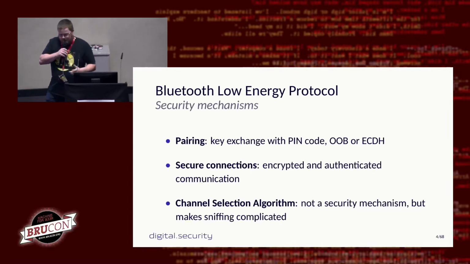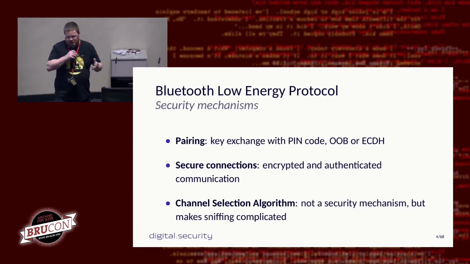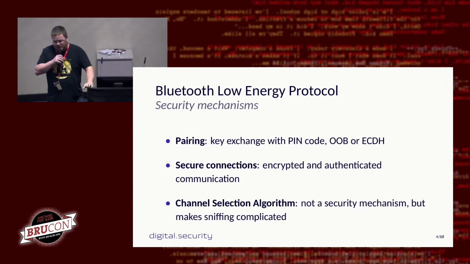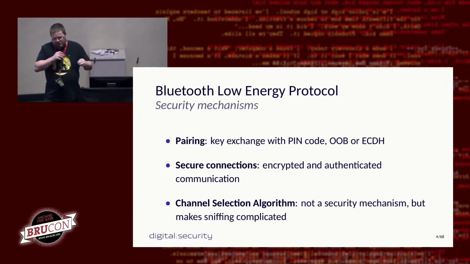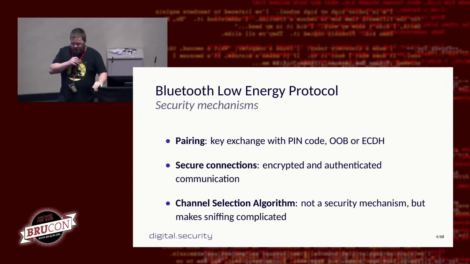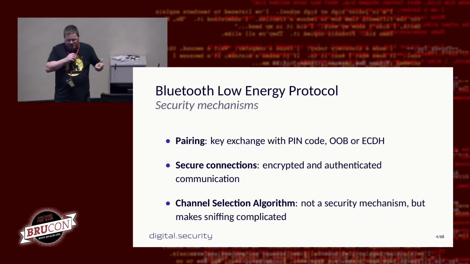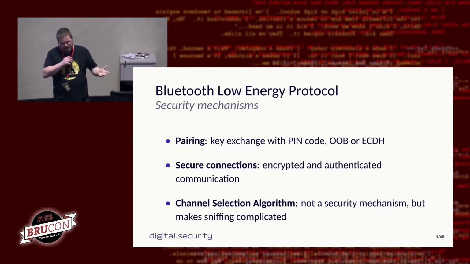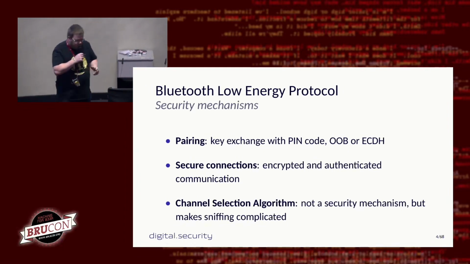The last security mechanism, well, in fact, it's not really a security mechanism. It's something that has been introduced in BLE to improve what's called the coexistence. As many of you may know, the 2.4 gigahertz frequencies are used by a lot of devices and protocols, so it's sometimes difficult to make many devices coexist at the same time on these frequencies.